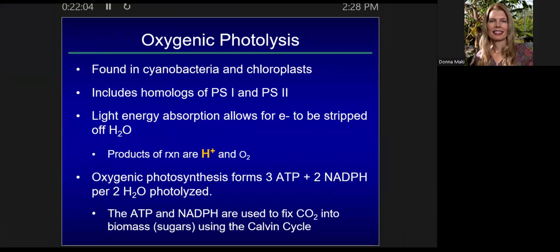The other thing to think about is that if you take electrons off of water, what are the other products? So you've got electrons flowing into the electron transport chain, but it leaves you with protons, which is good. And then oxygen, which is good for us, because that allowed us to evolve and breathe.